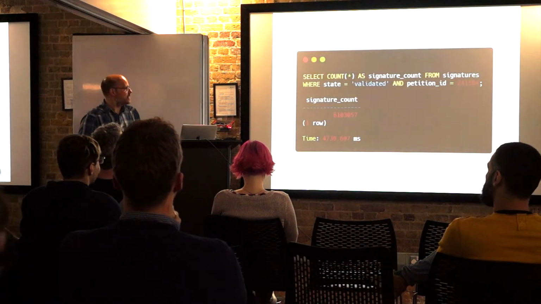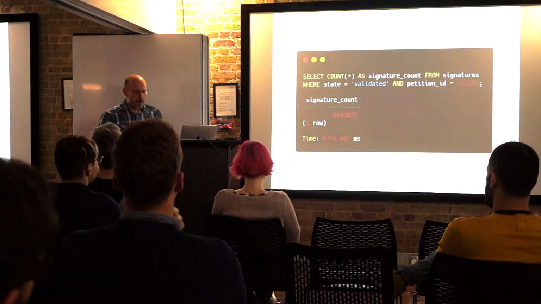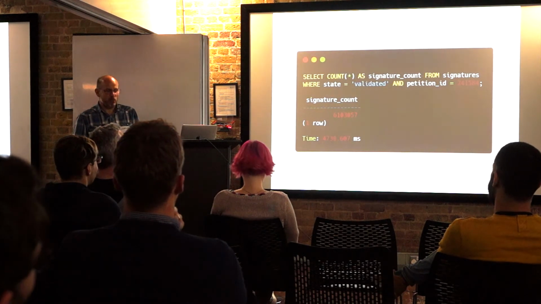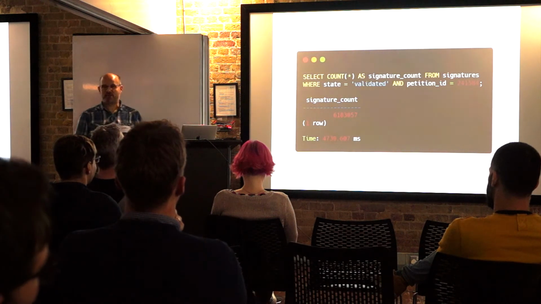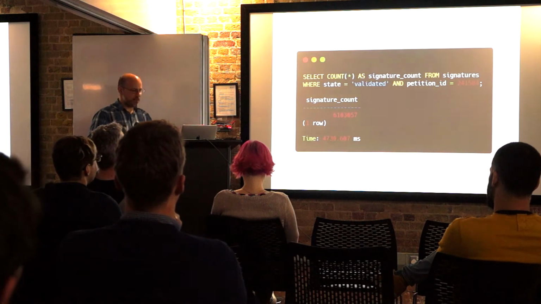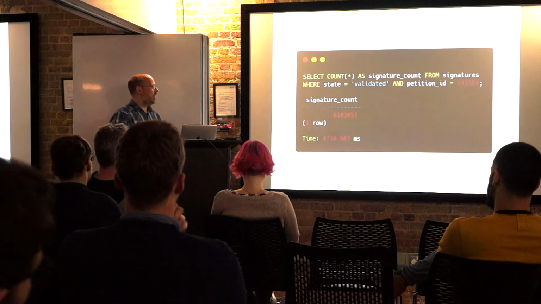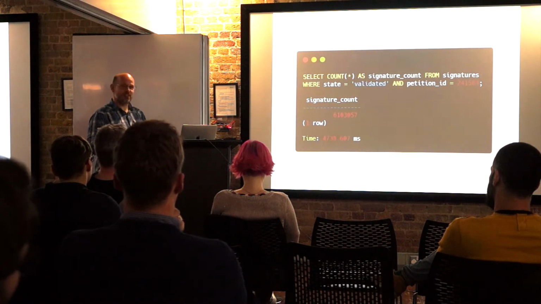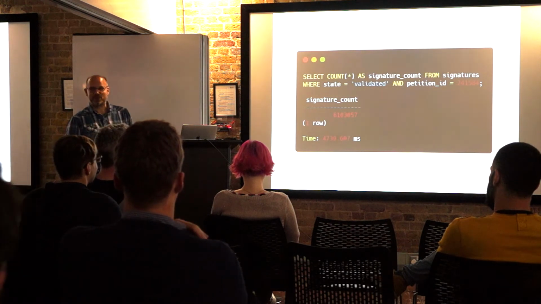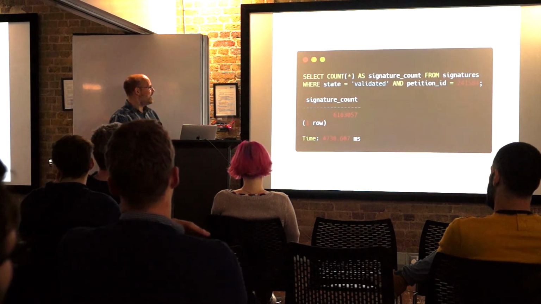First of all, I'd like to give an example of why it's a problem. Why can't we just do a standard SQL count query to count the signatures? Well, this demonstrates exactly why. You recognise the number, the signature count from the revoked petition back in March.